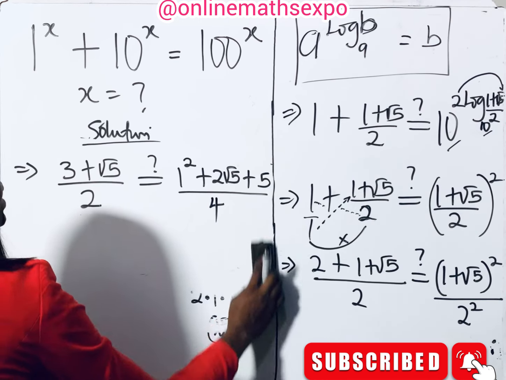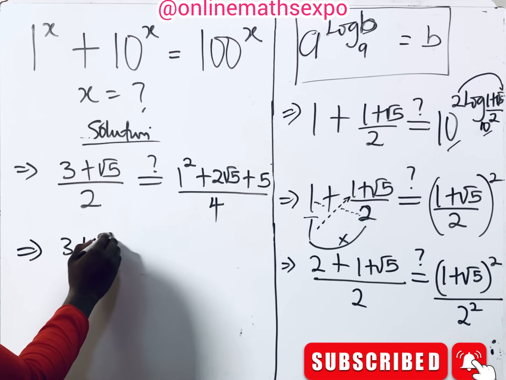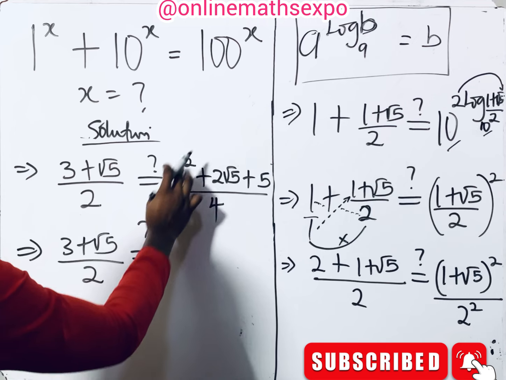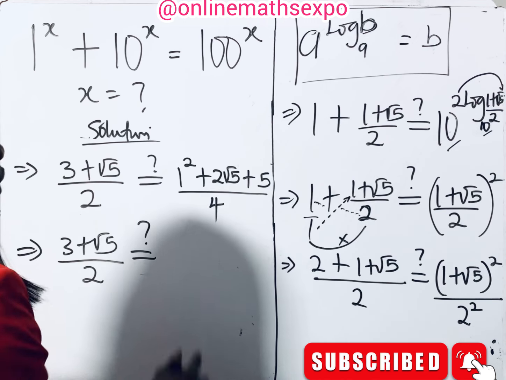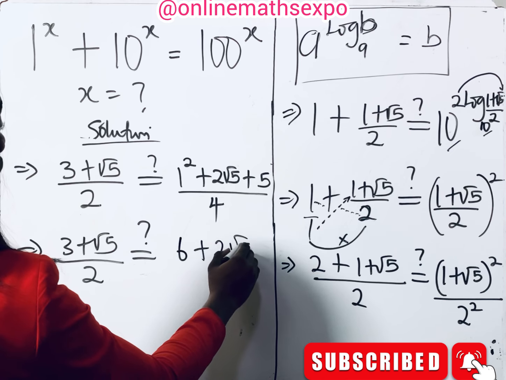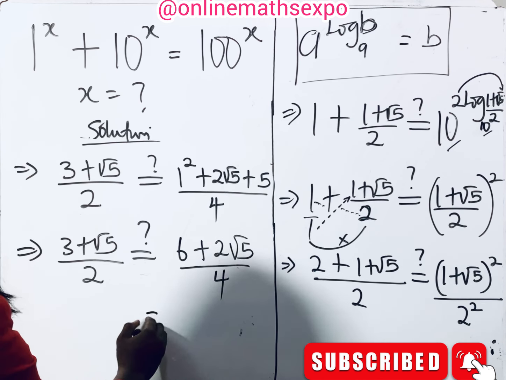So in that case, for the left side, we have 3 plus root 5 over 2. Is it the same as 1 squared, which is 1, and 1 plus this gives us 6? So we have 6 plus this divided by 4. Now observe that here we are still going to simplify.